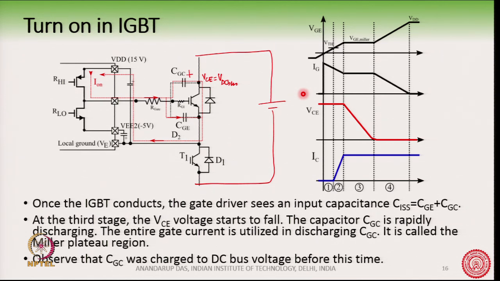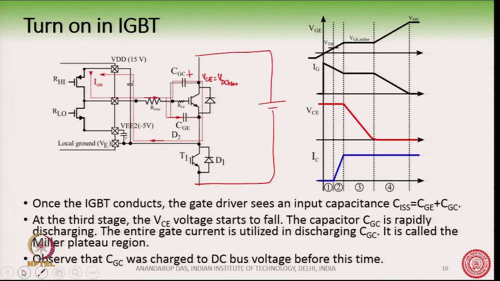In this condition, this voltage will more or less remain constant. Slightly it will increase, but we can say the voltage here will remain constant, because this capacitor is discharging through this. So, this is the third region.